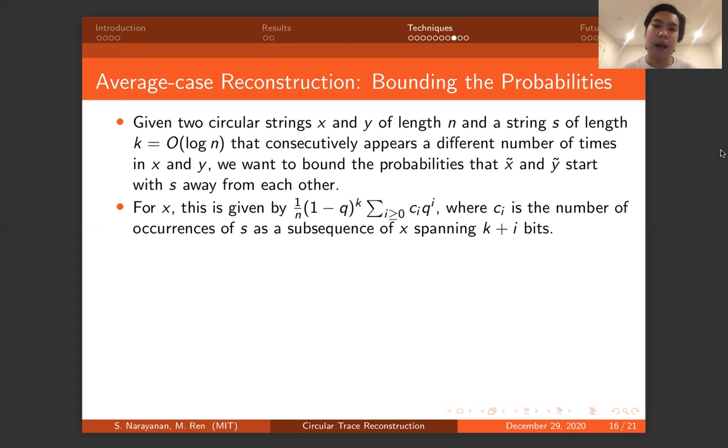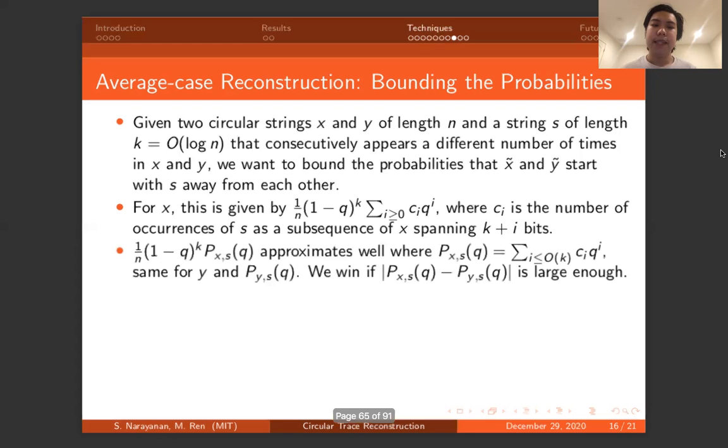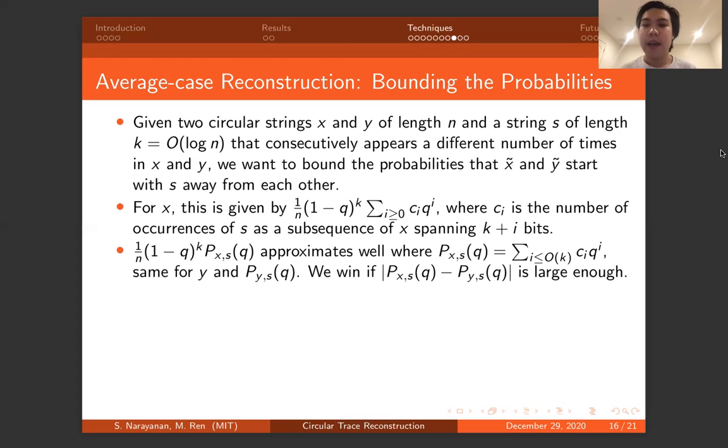And we also divide by n because we choose a random starting point for seeing the trace as a linear string. So this is well approximated if we have the sum here for all i from 0 to n minus k.